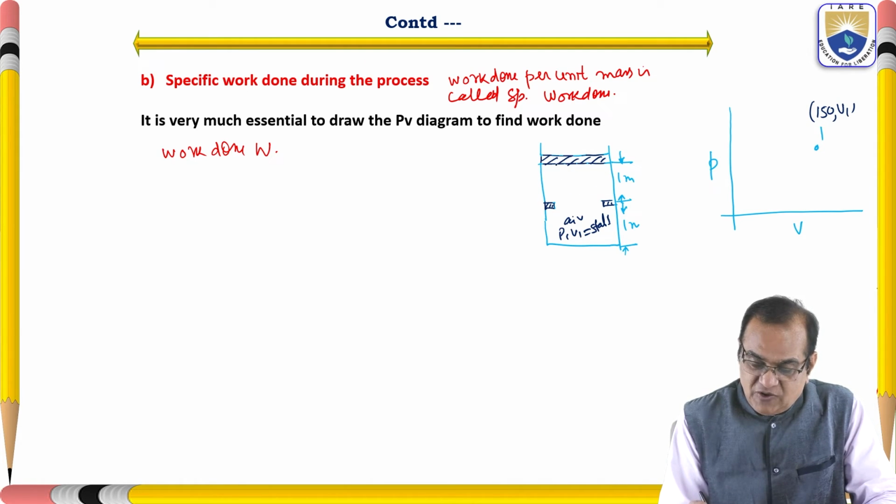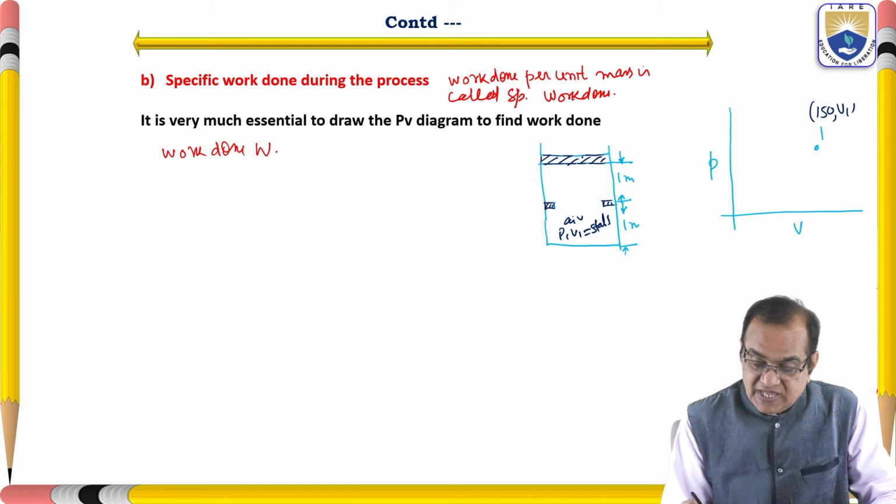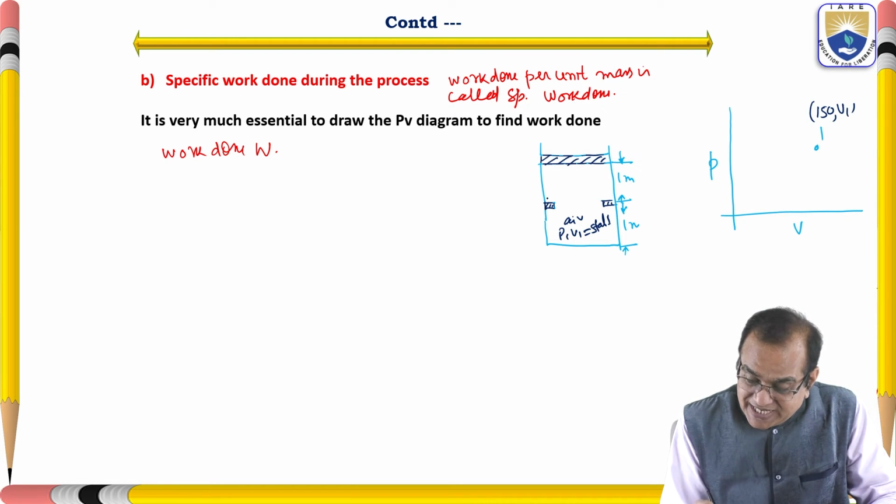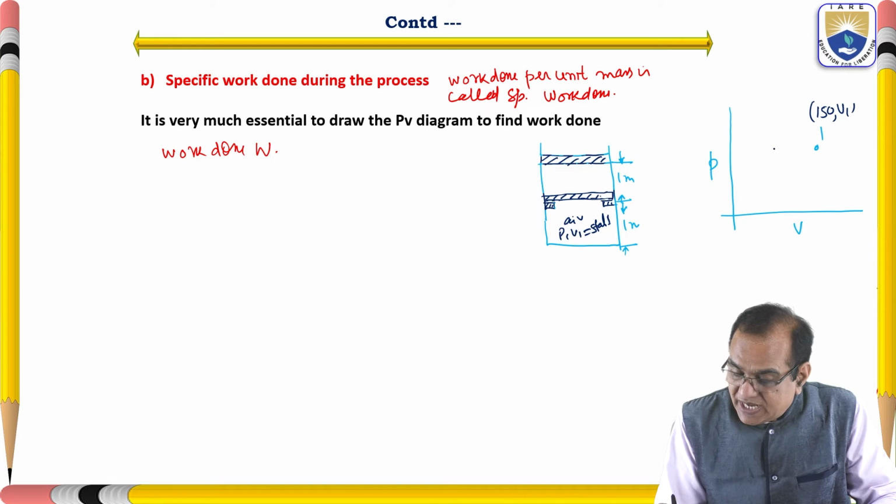You see that till the time this piston is not reaching up to here, the pressure will be the same. Means from here to here, pressure is constant. This is the 2A.